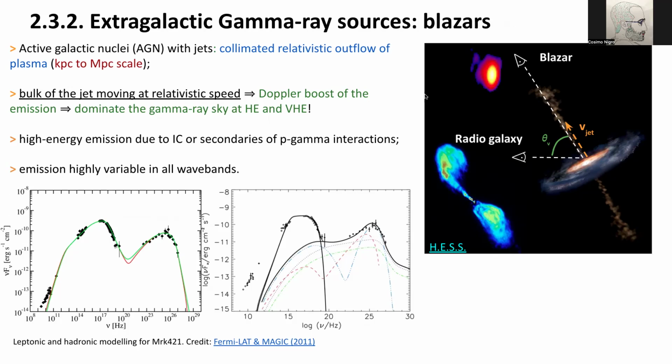This means that they will appear more frequently in catalogs, no? Because these are the brightest sources due to this relativistic Doppler boosting of the radiation, to their relativistic motion.